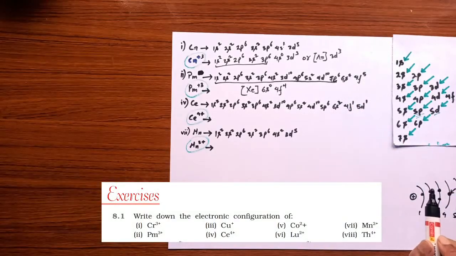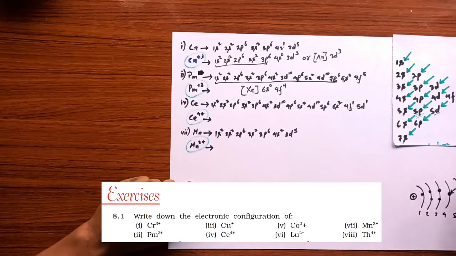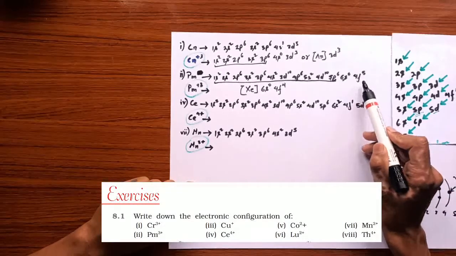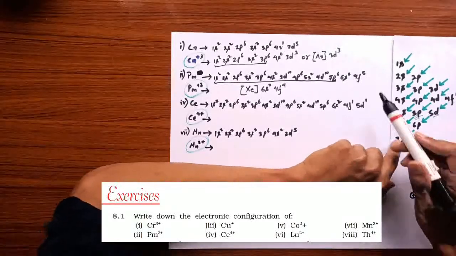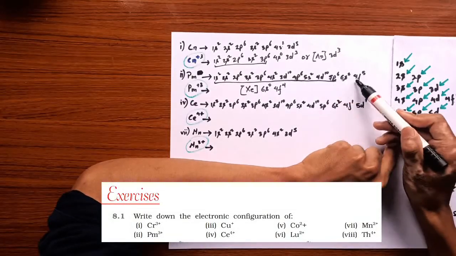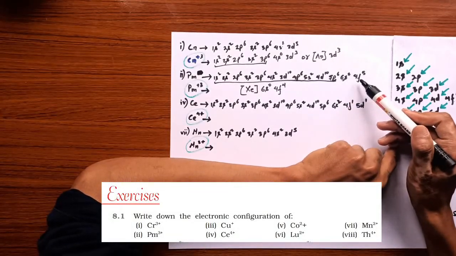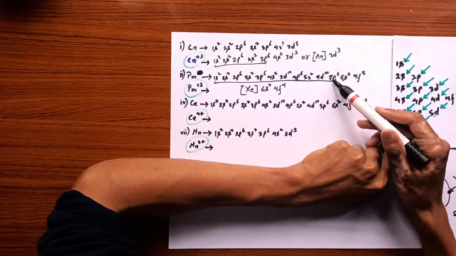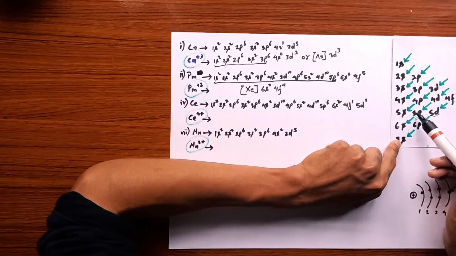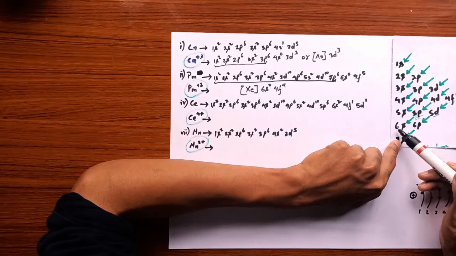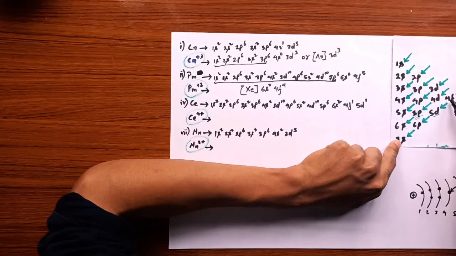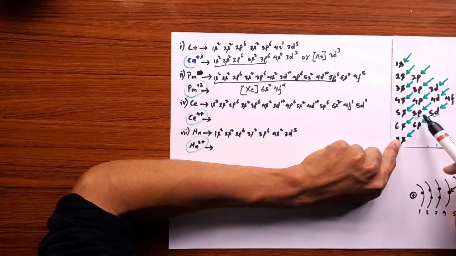And here's the reason why. If you look at the energy of the 4f and the 5p, the 4f orbital has much higher energy than the 5p. You can see here we go from 5p to 6s, and we have the 4f. So as you can see, the 4f has higher energy than 5p.